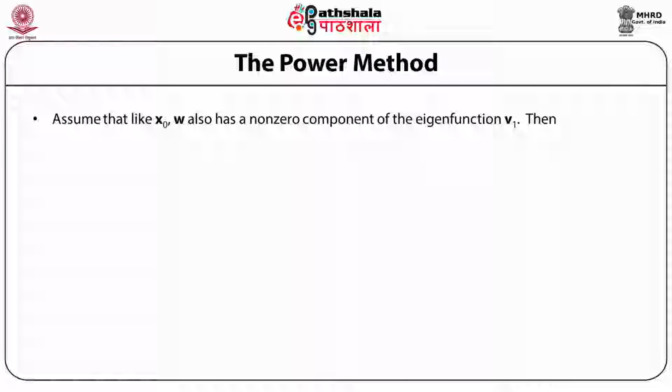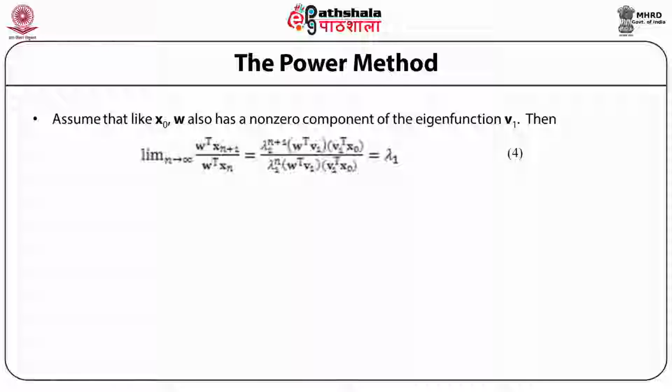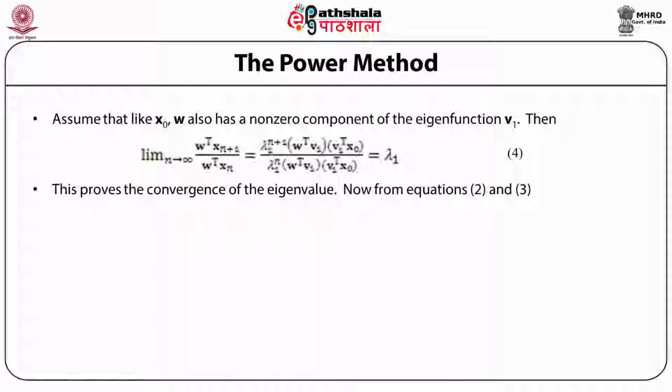Assume that, like x_0, w also has a non-zero component of the eigenvector v_1. Then the limit as n tends to infinity of w^T x_{n+1} divided by w^T x_n equals lambda_1^{n+1} times w^T v_1 times v_1^T x_0, whole divided by lambda_1^n times w^T v_1 times v_1^T x_0, which equals lambda 1. This proves the convergence of the eigenvalues.